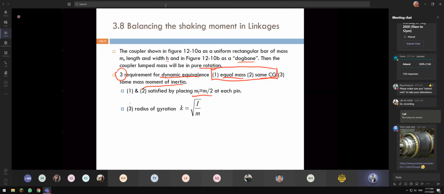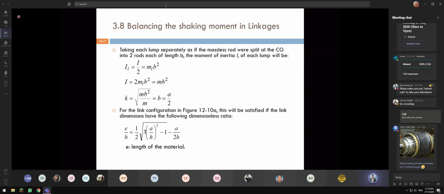Then for the third one, we have to calculate the radius of gyration, which is k equal to the square root of I over m. This is how we can do the calculation, taking each lump separately, meaning we have the left and right, as if the massless rod were split at the center of gravity into two rods each of length L, which is of length B, and then we specify the mass moment of inertia IL at each lump.